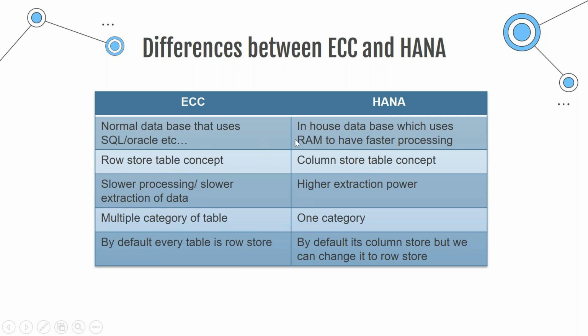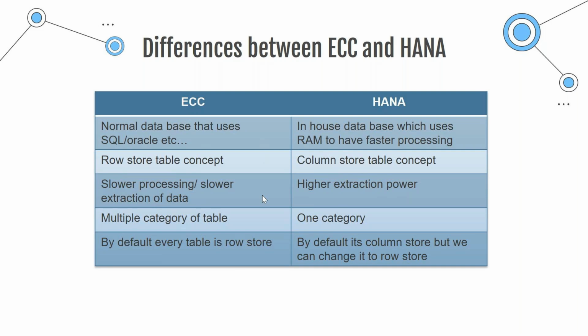Whereas in HANA system, it will have higher extraction power because of in-house database, which is HANA database, and column store concept. And in ECC, we have different categories of tables. We have cluster tables, we have pooled tables. These kinds of tables we have in ECC system. Whereas in HANA system, all those categories are removed or replaced with only one category, that is called transparent.